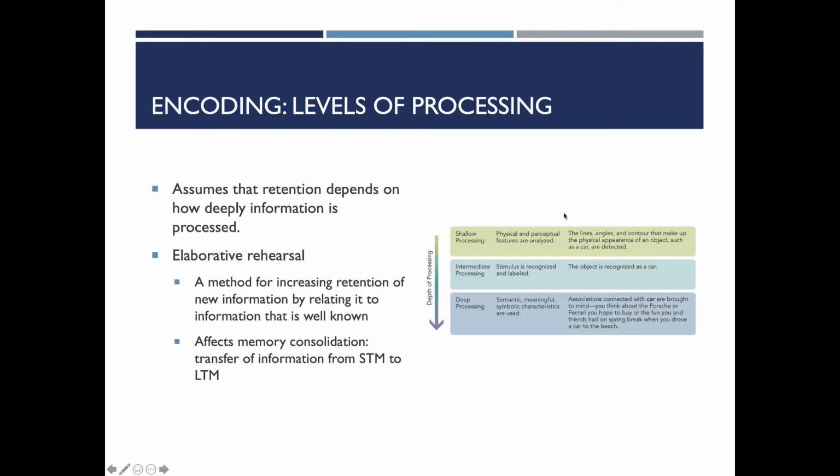You weren't really looking at it in much detail. In intermediate processing, you recognize and label something, like we say that the thing that you're looking at is a car, for instance. And in deep processing, you're doing something very meaningful, connecting something that you're trying to learn to what you already know.